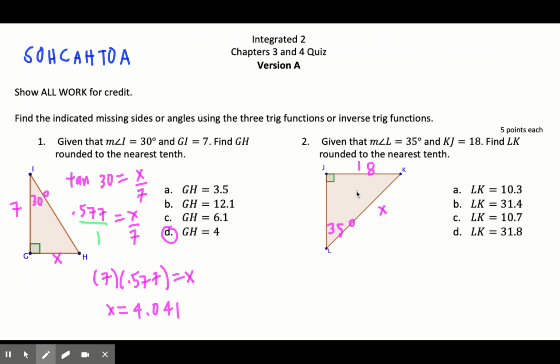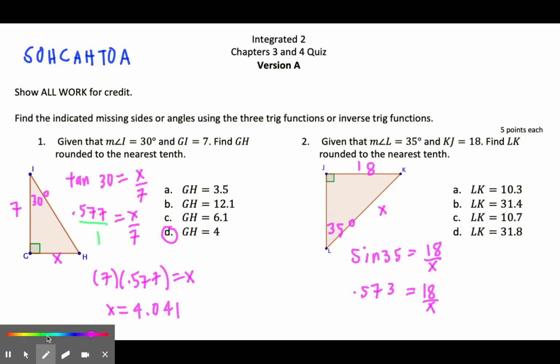So opposite and hypotenuse is sine. So you want to go sine of 35 equals opposite over hypotenuse. Then you do sine of 35 on your calculator, and you get 0.573.